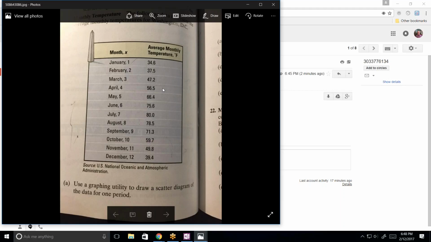Now, let's say they did give you, I wish they would have actually, average monthly temperatures in Australia. In other words, the southern hemisphere, where January is the hottest month and July is the coldest month. Then, instead of using the negative cosine curve, you would be using the positive cosine curve.